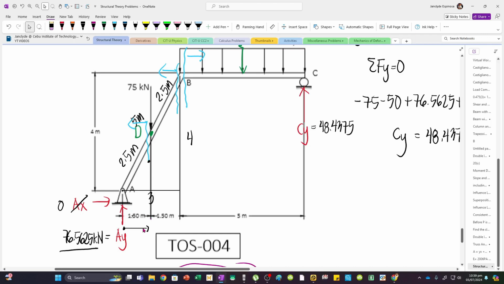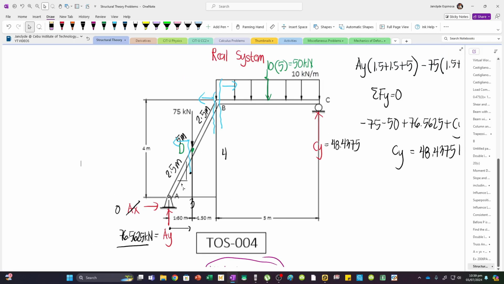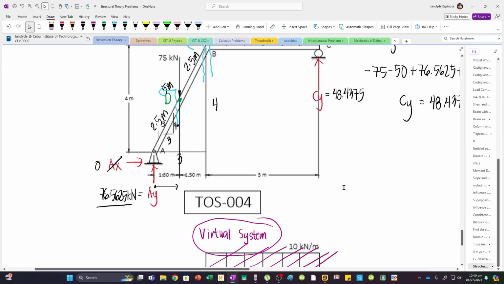Now, what is this horizontal distance? We have to define this in terms of the slope. So, this is, let's say, X. And then, we have here, this is a 3-4-5 triangle. We can describe the horizontal distance using cosine theta.